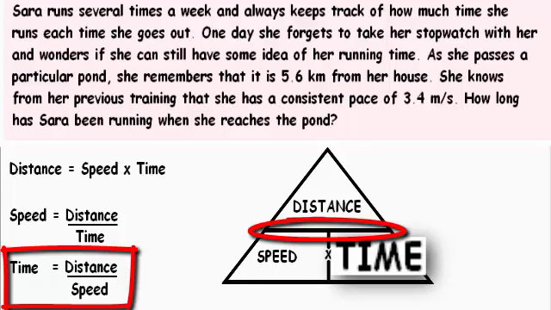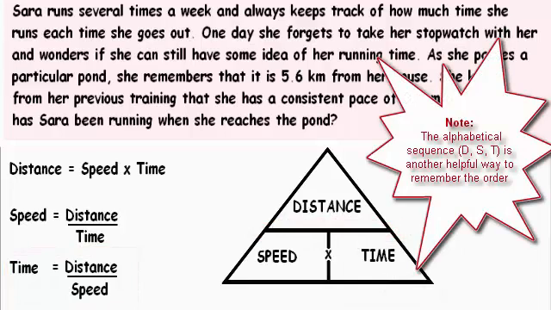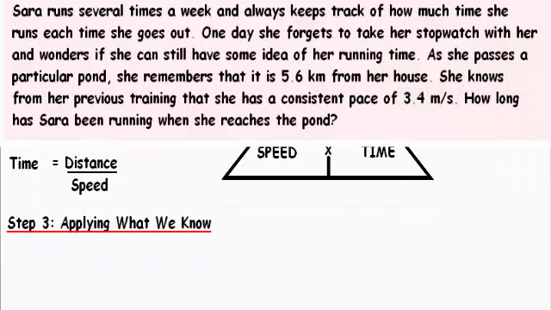Therefore, we divide distance by speed in order to calculate time. So you see, it's a really easy but effective way of remembering the relationship between distance, speed, and time. Now that we've been able to recall the appropriate formula, our next step is to apply what we know to the problem.